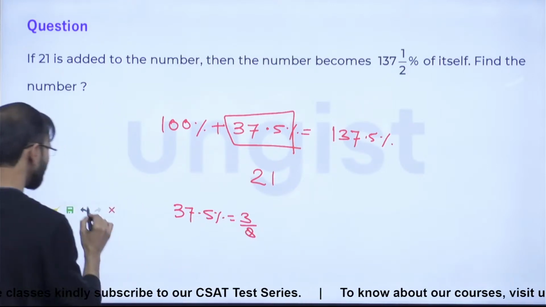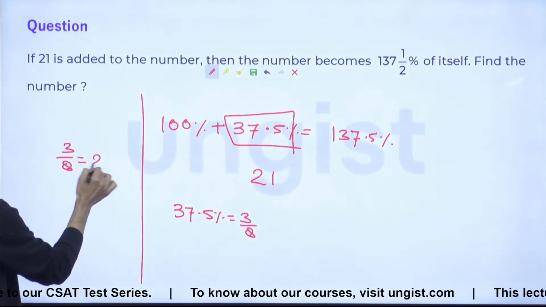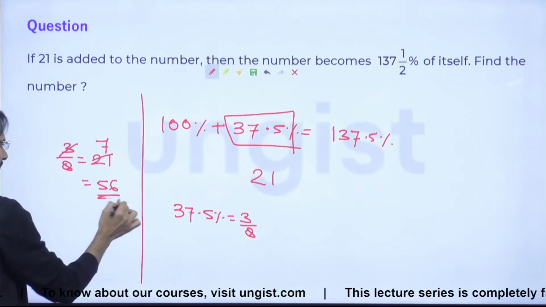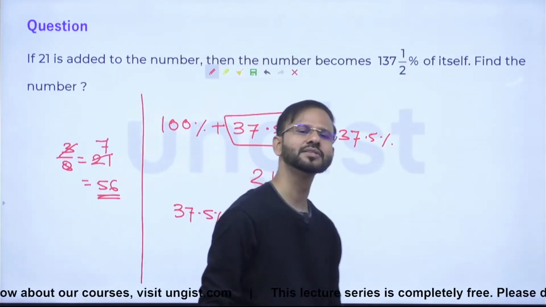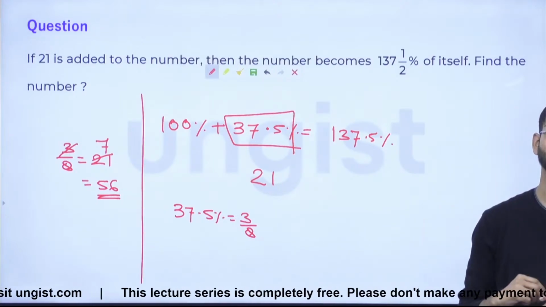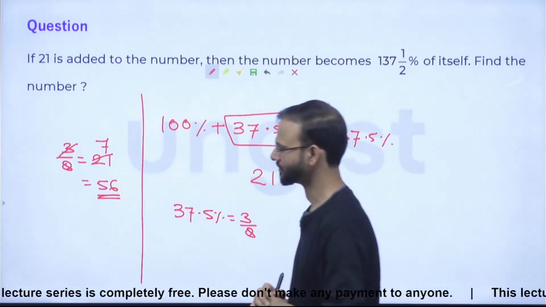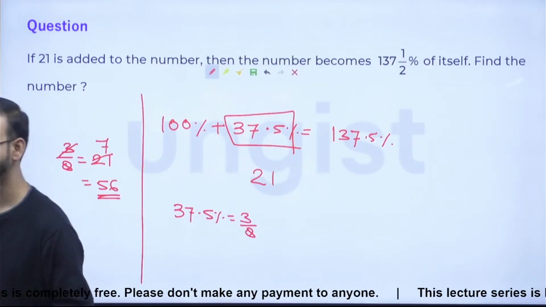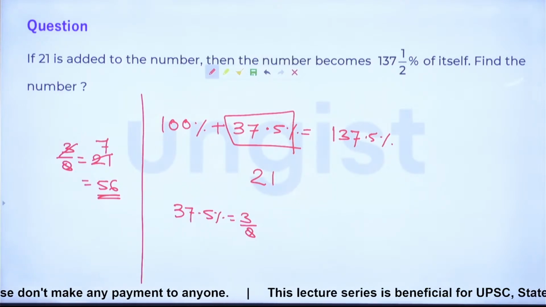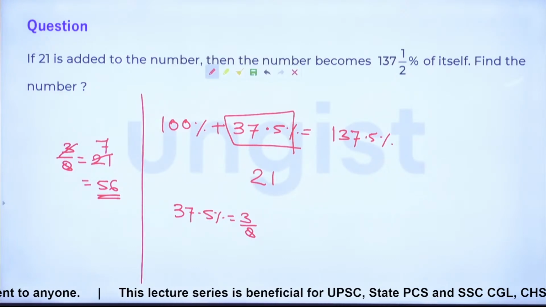So 3/8 of the number is 21, right? So this is 7 and this is 8 into 7, which is 56. So original number is what? Original number is 56, right? Guys, it is clear now? Okay? Done?